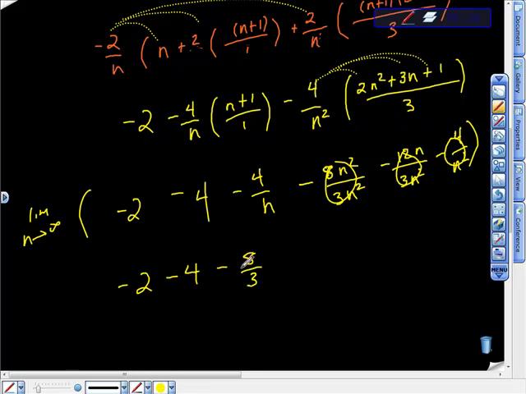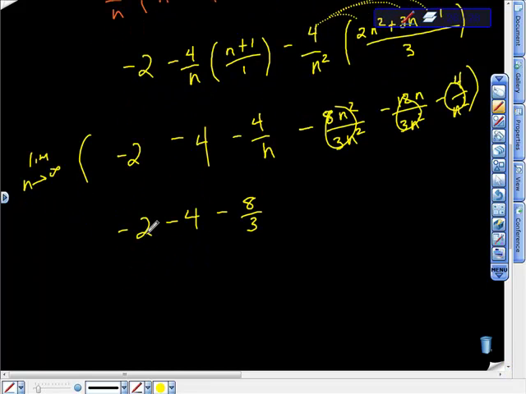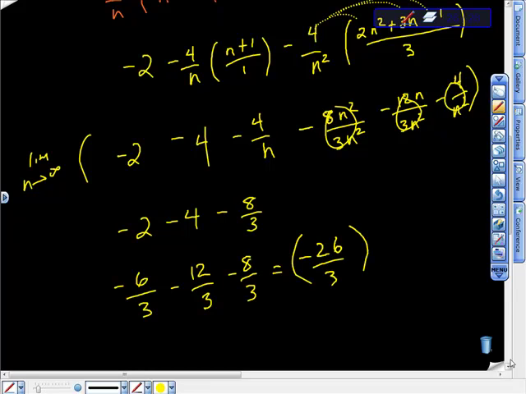This one goes to -8/3. And let's see if we can make this right. -2 is -6/3, -4 is -12/3, minus 8/3 is equal to -26/3. Keep track of that piece.